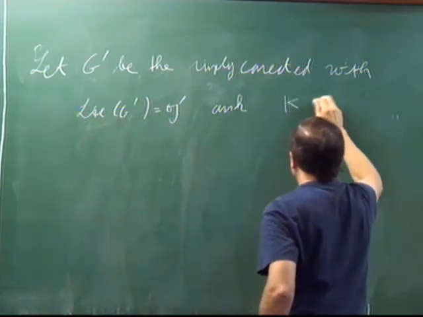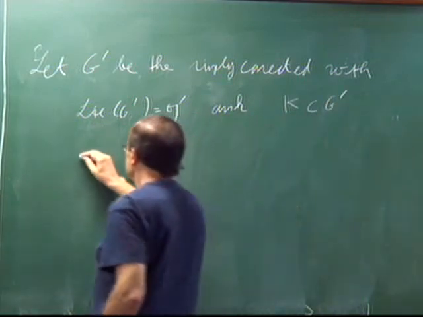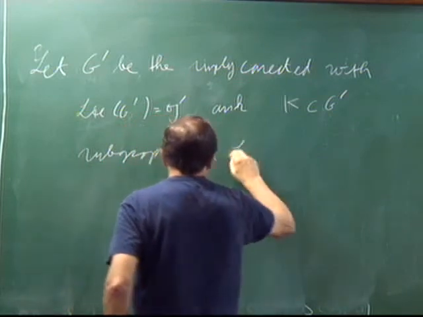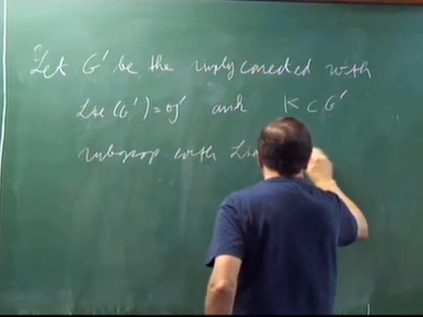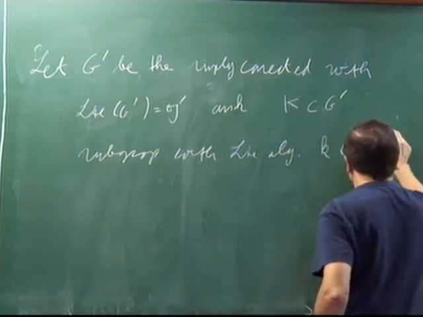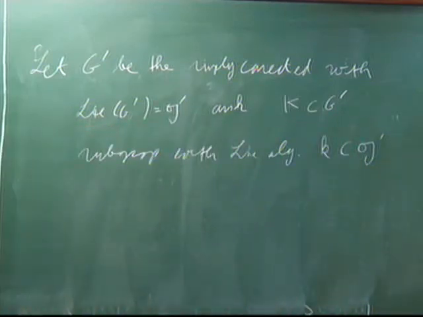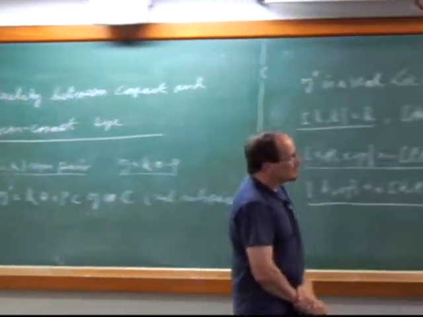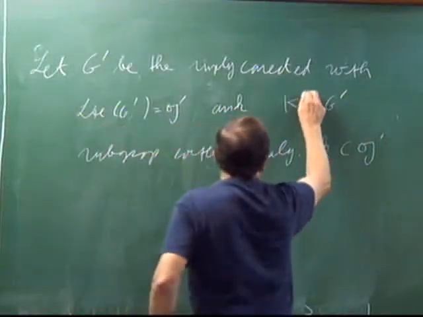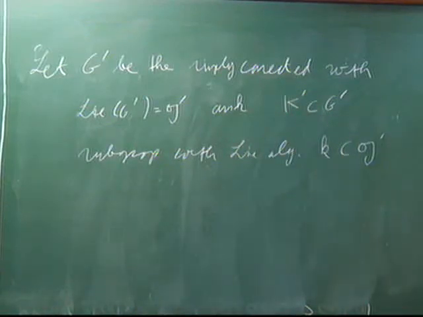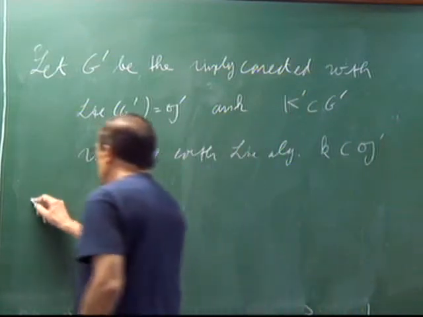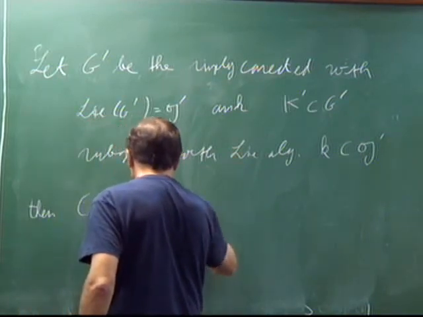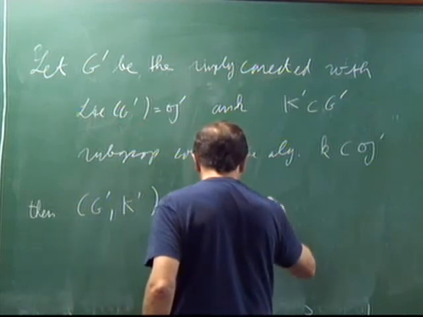And K inside G prime, the connected subgroup with Lie algebra K. And K by definition sits in G prime. I didn't change K. K didn't change. Well, we should call it K prime, at the moment possibly a different K. So then I claim that G prime, K prime is also a symmetric pair.